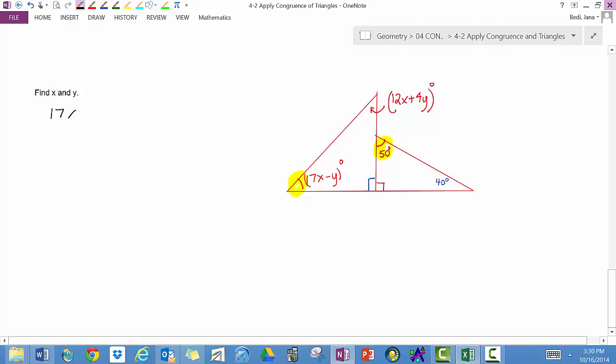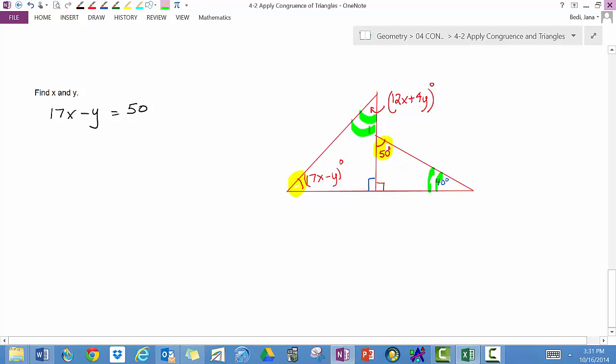So I can write 17x minus y is equal to 50. And also using the third angles theorem, I know that this angle here is congruent to this angle here.